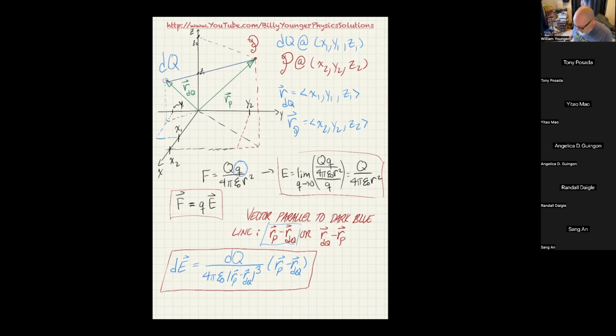So this formula, you can have it on your equation sheet, and I recommend it. It's not only not numbered in the book, which is the normal rule for equations that you use on your equation sheet, but it's not even listed in there. So you're allowed to use this one.